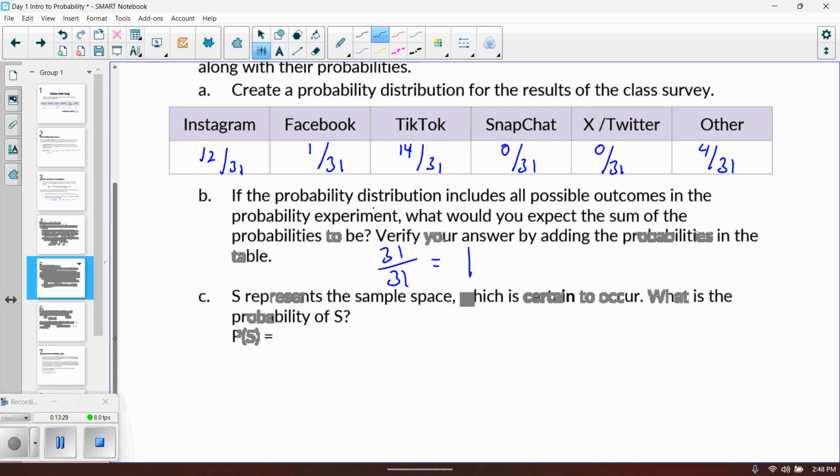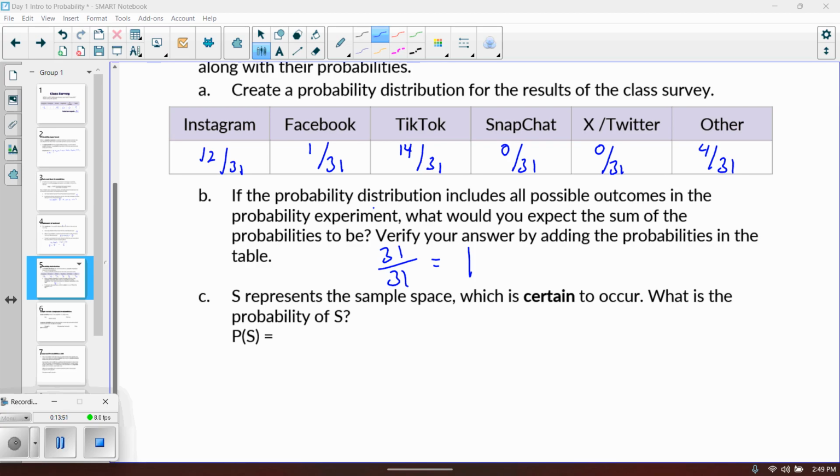So S is going to represent the sample space. So capital S represents the sample space, which is certain to occur. So what is the probability of S? So again, that is just literally asking us, what is the probability of getting some result from our sample space?